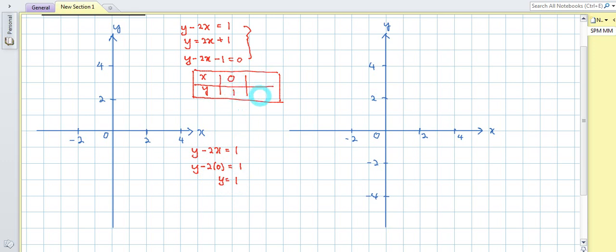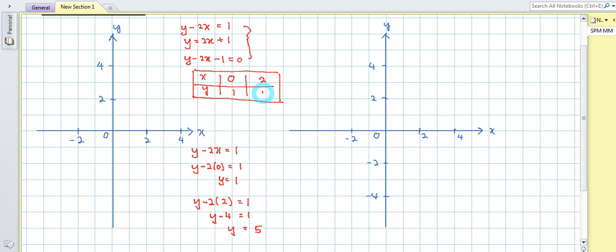And then for another point, you can fix y as 0, or I think I just use 2 for x. Sorry, x is equal to 2, not 0. So y minus 4 is equal to 1, y is equal to 5.